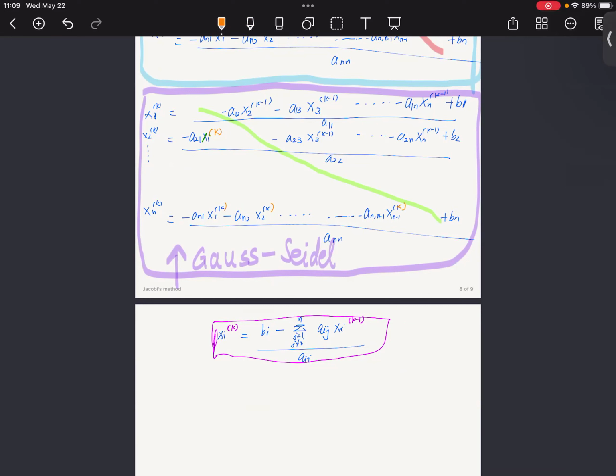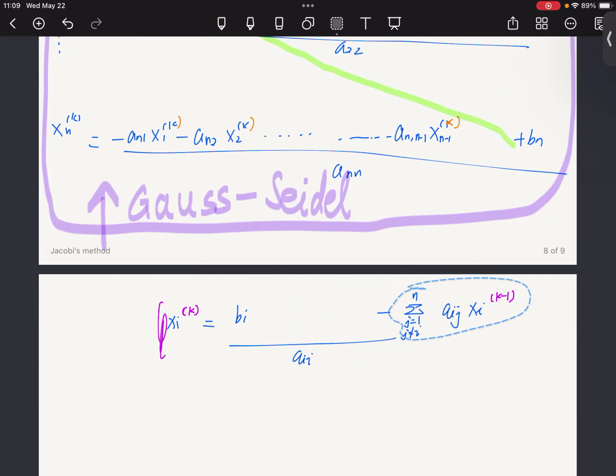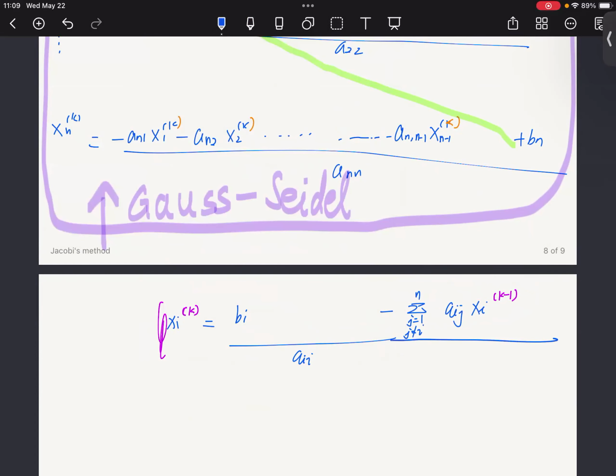So here the formula becomes... let's see. In case I write something wrong, I should also have the notes here. I'm going to write the things before the index i and after the index i. After the index i is still from the k minus 1. So after the index i, we have the j index.